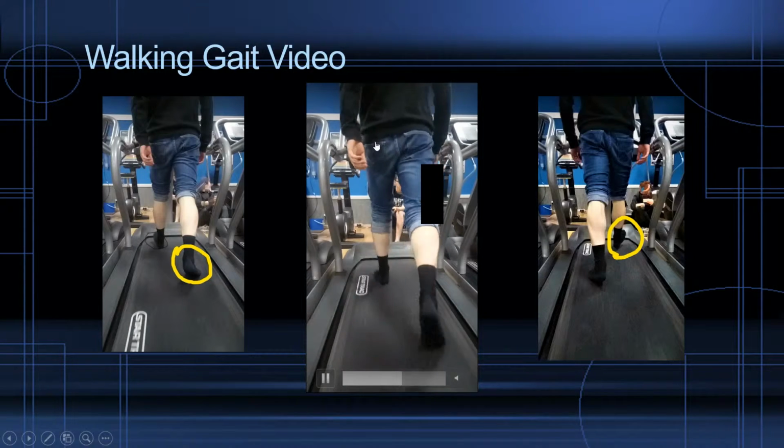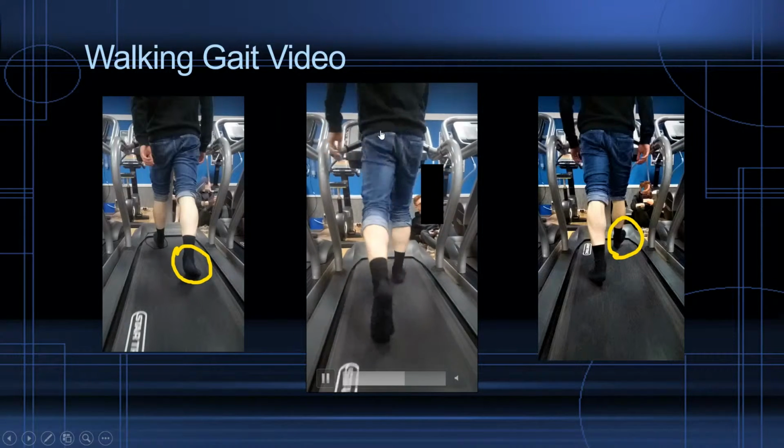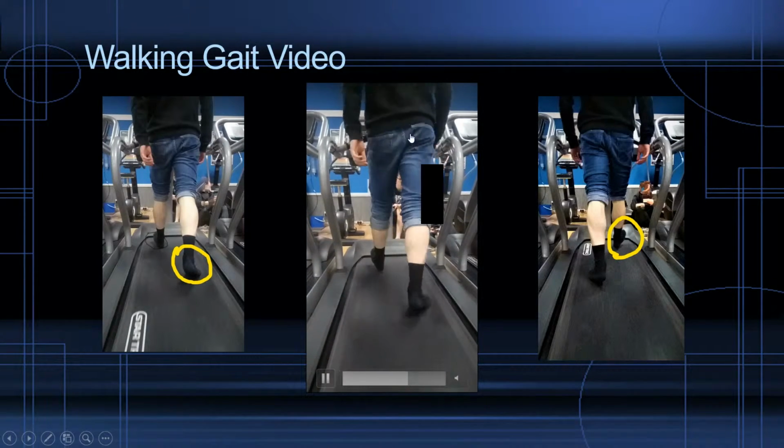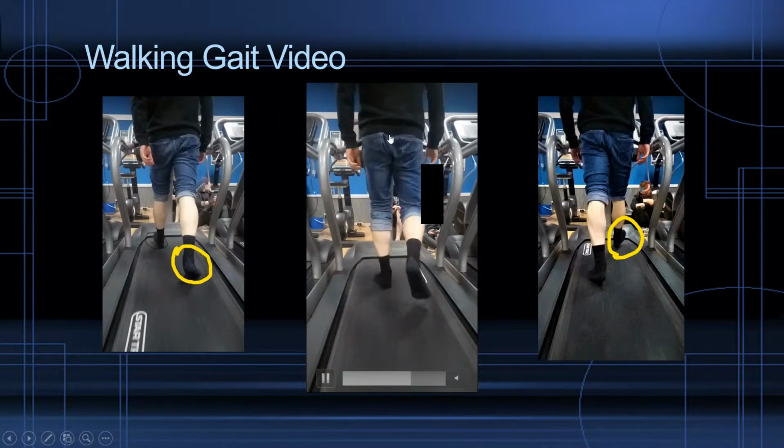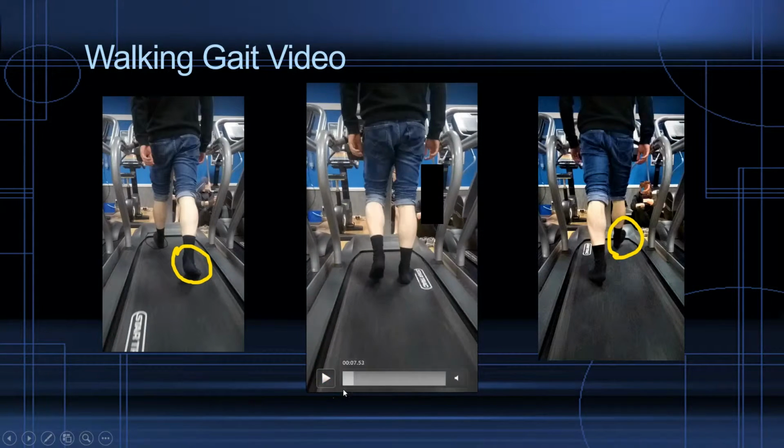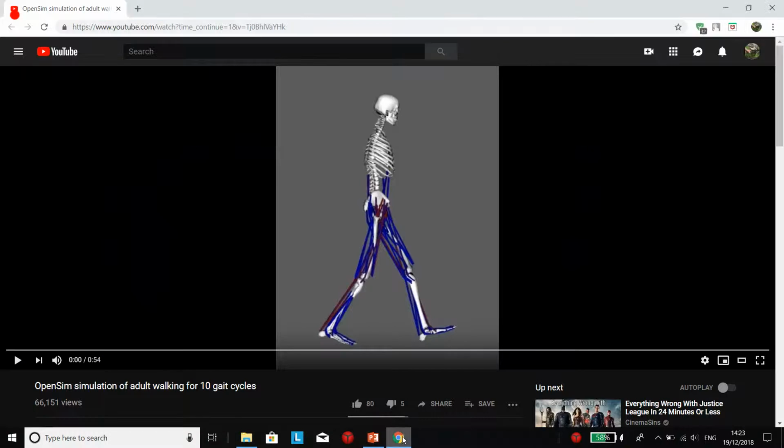Or it could be due to the hips being applied more additional force than what's necessary. Now to look at a model performer, I will have to go out onto YouTube to show you. I've got it already.